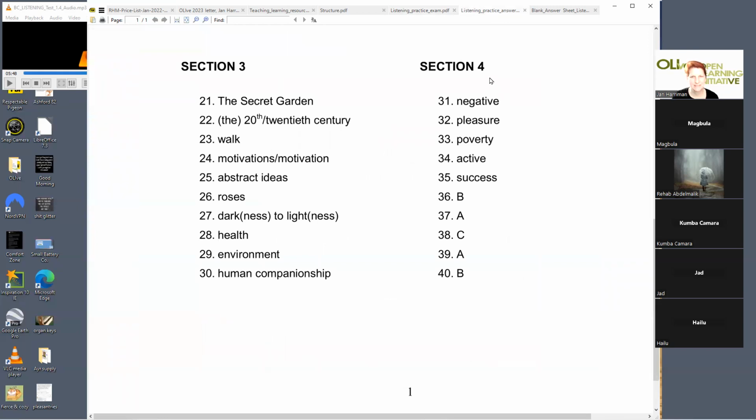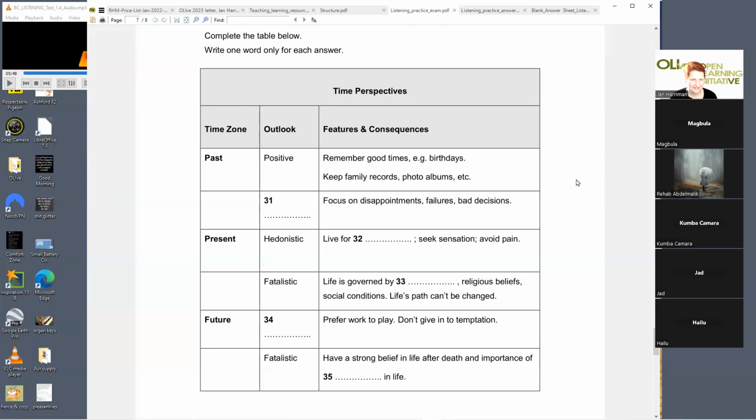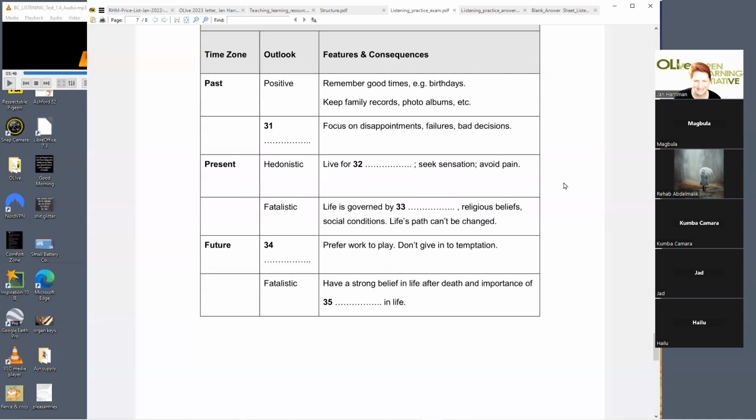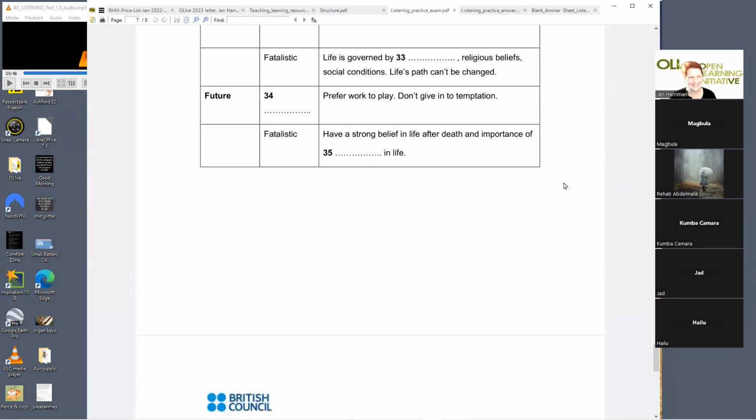Yes, just success. I actually got that one wrong. I got only one wrong. I thought it was virtue, but it was success. Oh yeah. 1, 2, 3, 4. I get 4. Good job. All right.